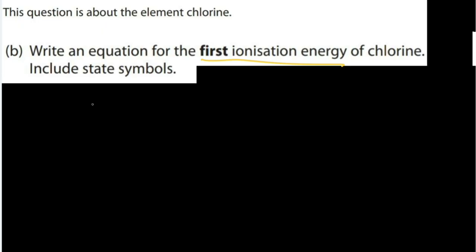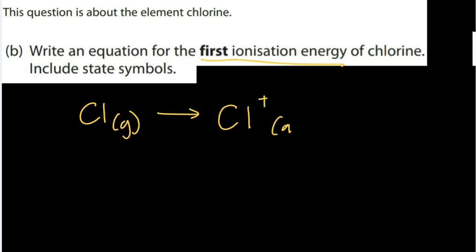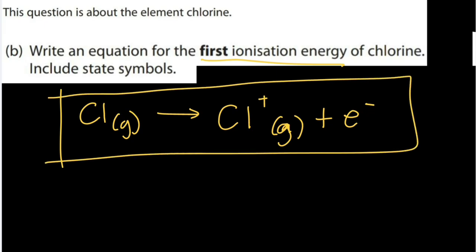So we have chlorine gas, then we have the chlorine ion, then we remove 1 electron. So this is the first ionization energy equation of chlorine.